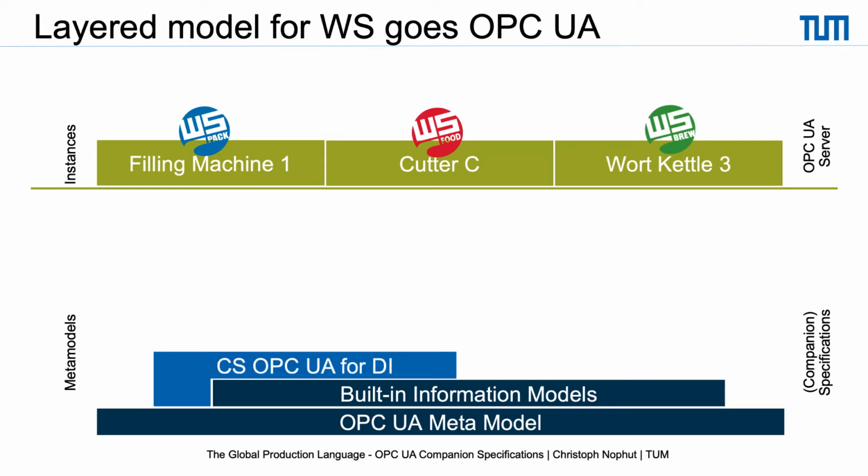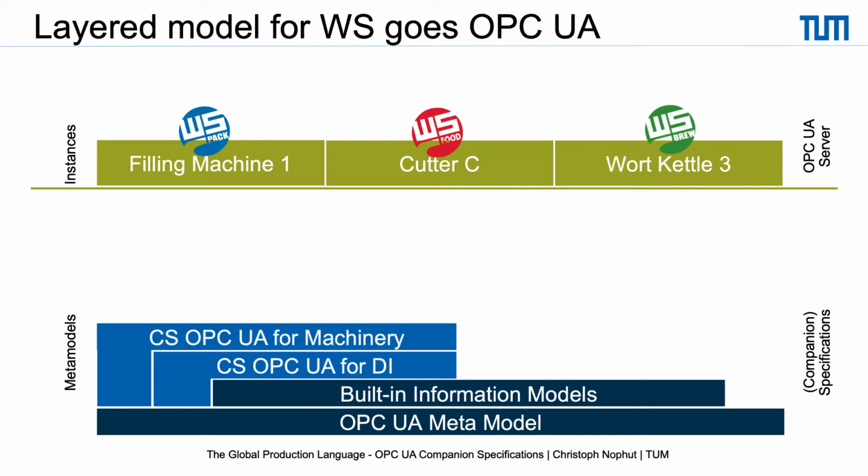On top of this, we are using the companion specification for devices and the companion specification for machinery. That companion specification we'd like to use for describing meta information about the machine and organizing our WS machines within the OPC UA server tree.